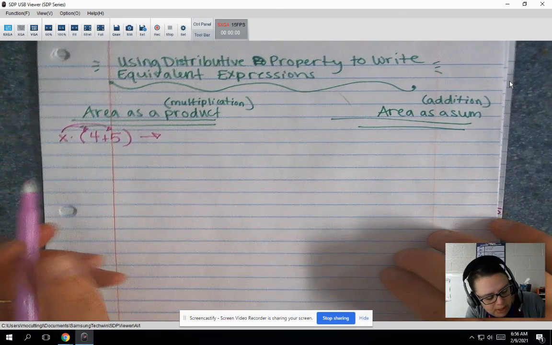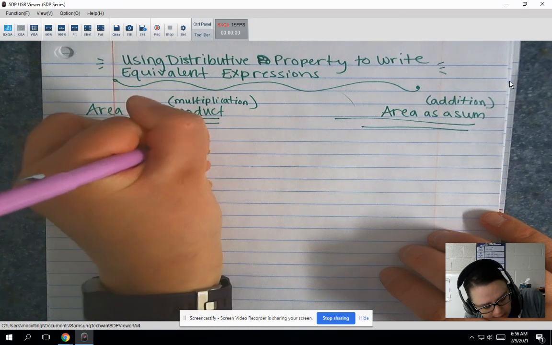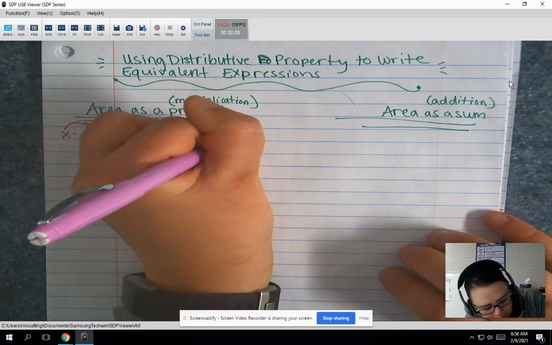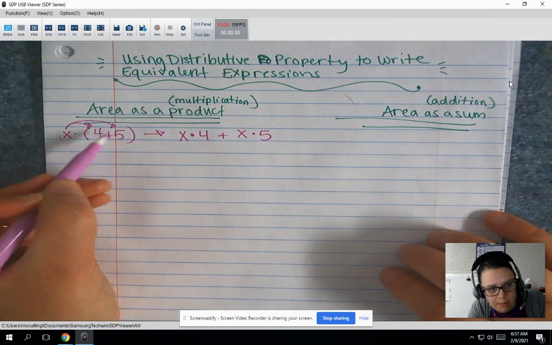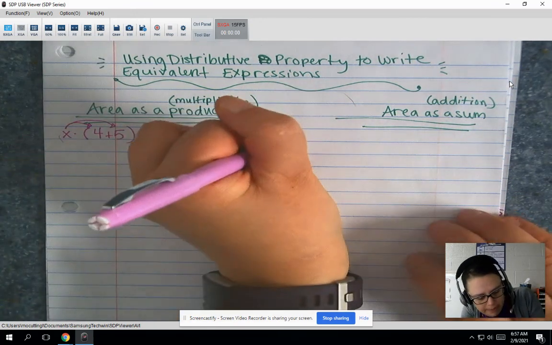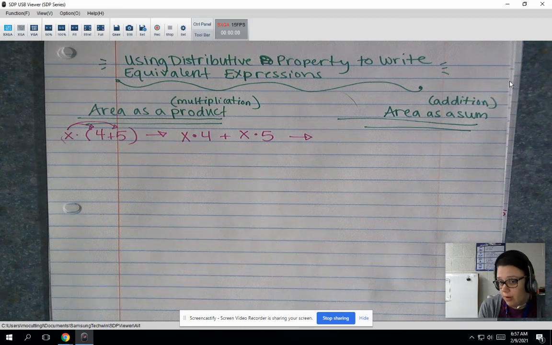So my in-between step is I'm going to write this with my times signs, x times 4 plus x times 5, okay? And then I'm going to rewrite it, kind of our more formal algebraic way of writing it.